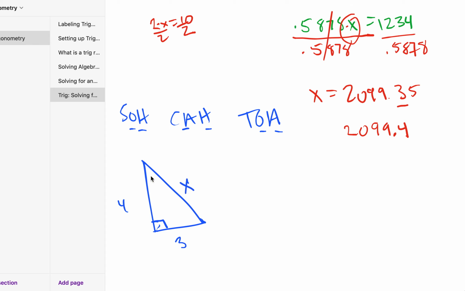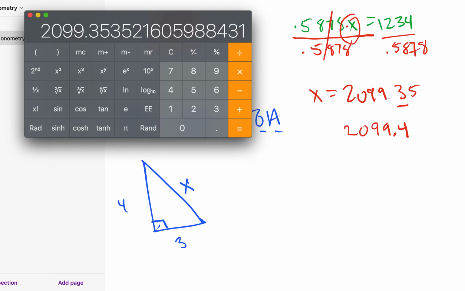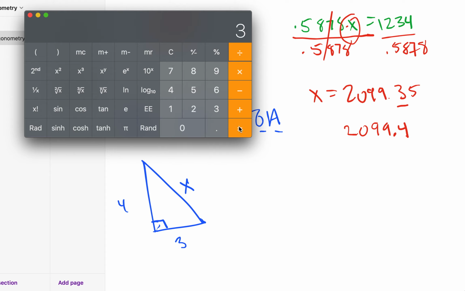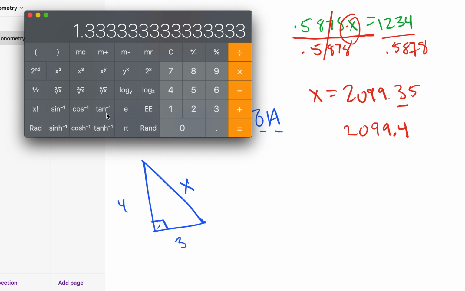Let's make this accurate. So 4 over 3, I'm just going to cheat and get the answer of the angle. Inverse tangent, 53 degrees.